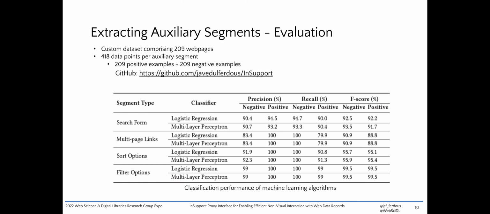For each segment type, we randomly set aside 320 data points for training and used the remaining 98 data points for testing. For training, we explored 2 models, namely logistic regression and multi-layer perceptron. While both algorithms perform well, as seen in the table, the best performing algorithm varied across the segment types.